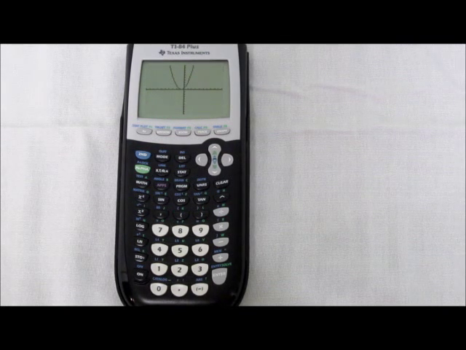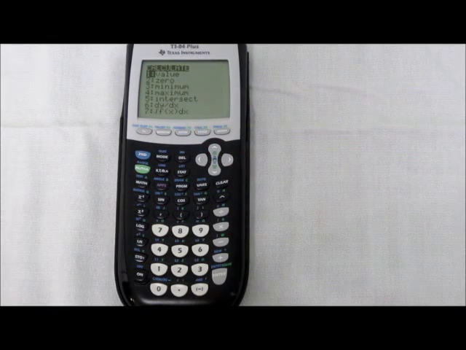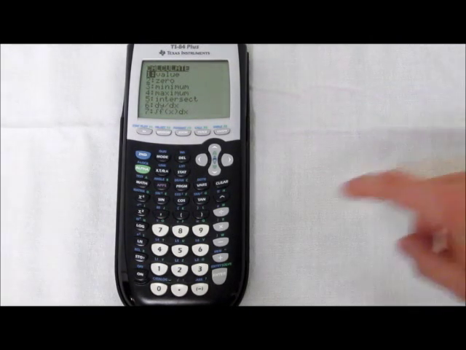This looks like it might be touching the x-axis, and if it is, we want to use the calculator to tell us where that point is, because that's our solution. To do this, we press second trace to get the calculate menu, and then select option 2 to find the zeros or the solutions of the equation.